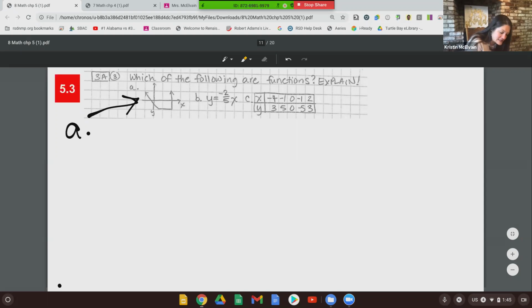And that's because it has this slope right here, where look at, we have multiple X inputs of 2, the same input of 2 for X, and there's many different outputs of Y. So this is not a function.